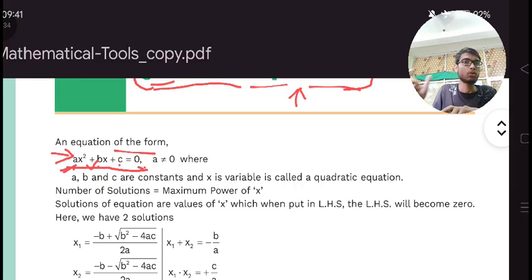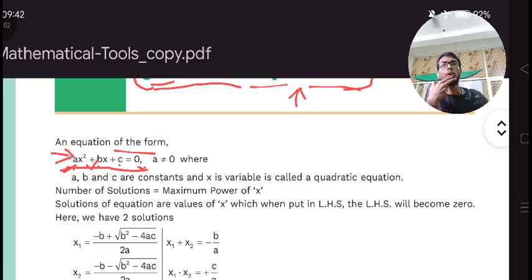A number which is with a variable is a coefficient number. A number which is not with a variable will be a constant number. Clear? A constant number is also known as a fixed number. Remember. Okay. You understood? Coefficient, constant.